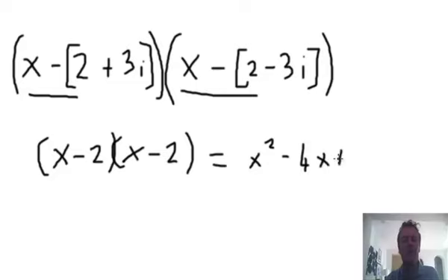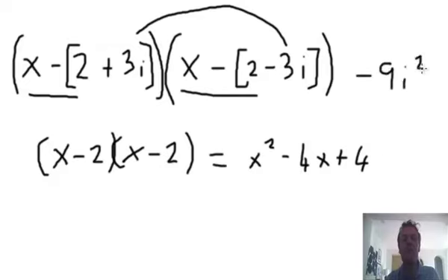Just do a FOIL, okay? That's what it comes out to be. Now just do those two. What's positive 3i times negative 3i? It's negative 9i squared, which will change it to positive 9. Just stick that at the end, okay? So that's how you do it, a quick shortcut, okay? So it's x squared minus 4x plus 13 is the answer to all of that.